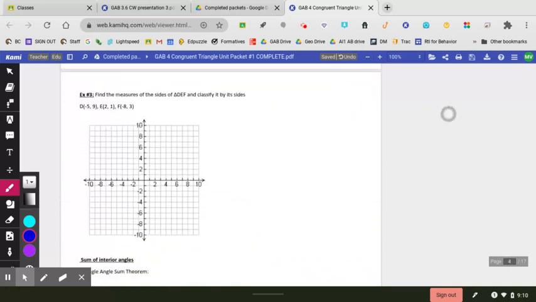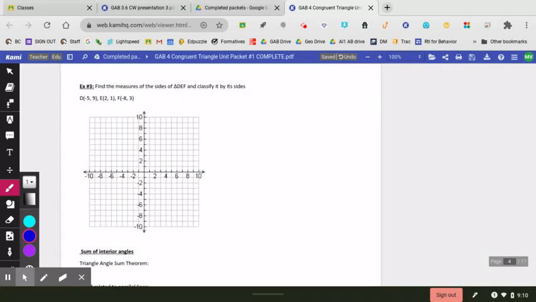Example 3, find the measure of the sides of triangle DEF and classify it. So I can plot that. D is negative 5, 9. E is 2, 1. And F is negative 8, 3. None of those lines are horizontal or vertical, so the only way I can find all 3 sides is to use the distance formula.